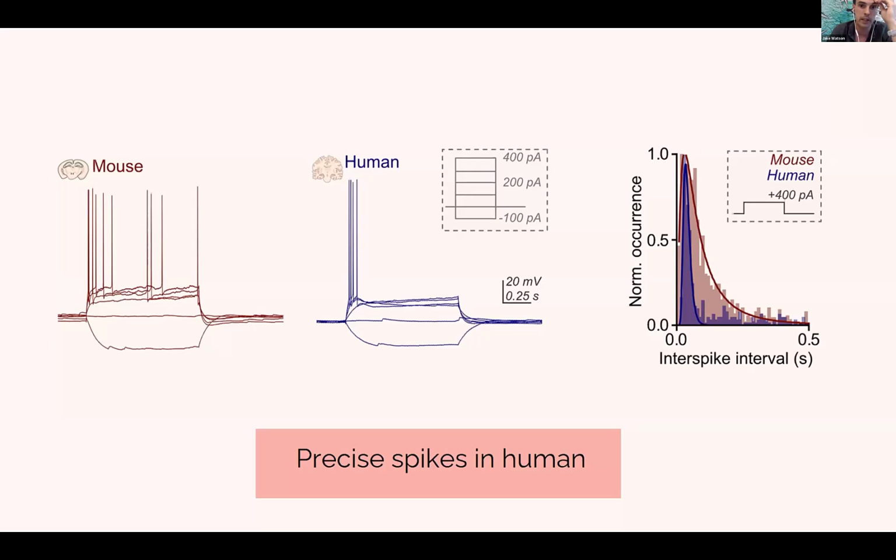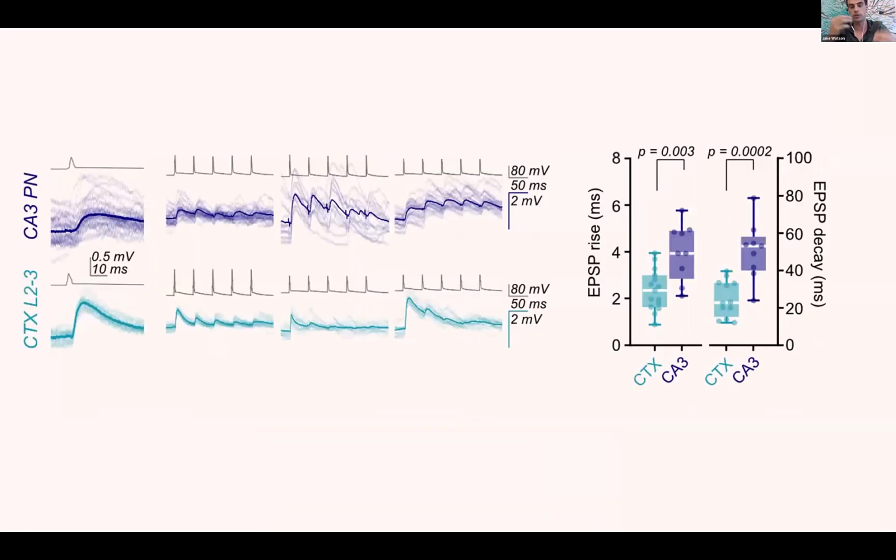The second thing is we can look at the properties of synapses. We're looking now at the properties of synapses by stimulating one cell. Everything is pairs, one cell, and recording from another cell. And we search for these synapses while in the tissue. You can see in CA3 versus in layer 2-3 of the cortex, these are different synapses that are doing different computations.